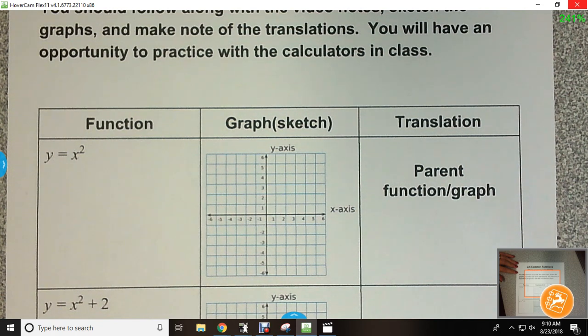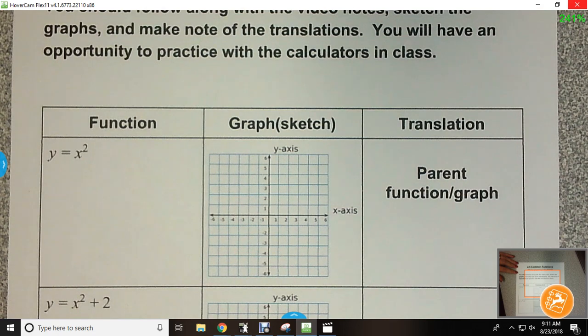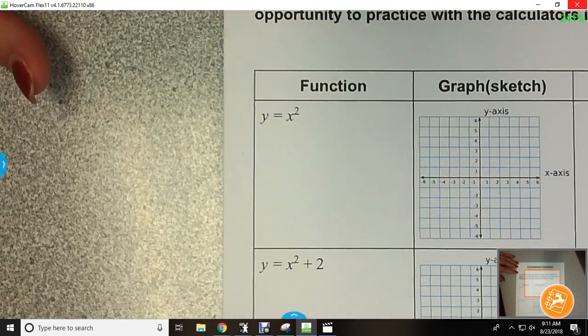If you want to try to do it with the Desmos calculator as we're going, you can always pause the video and try it on there. That gives you a chance to work with that calculator a little bit. It's totally free, an app you download at home. But as far as the TI-83s, you'll see mine on the screen and you'll get to work with those in class.